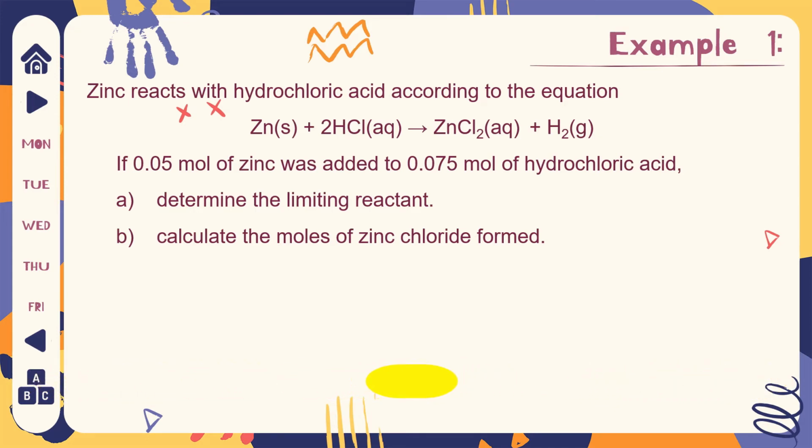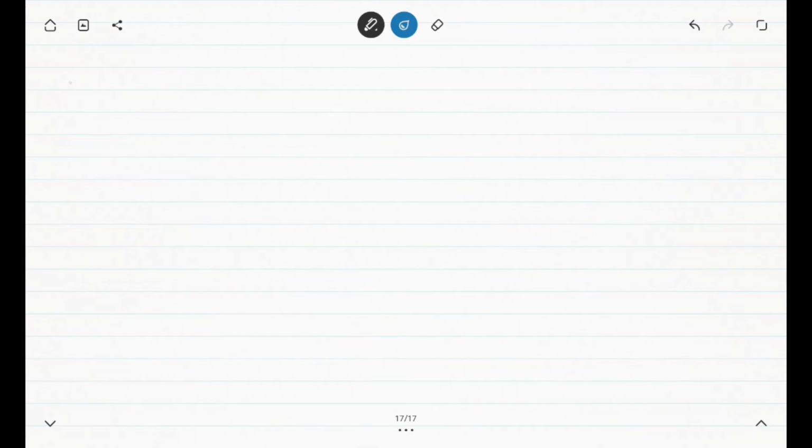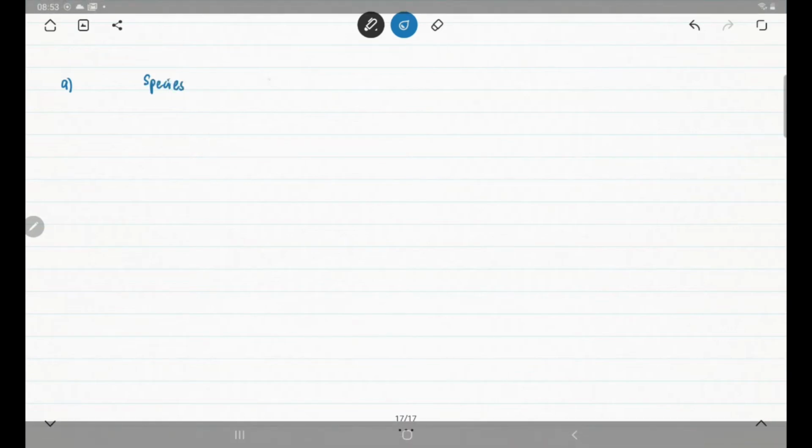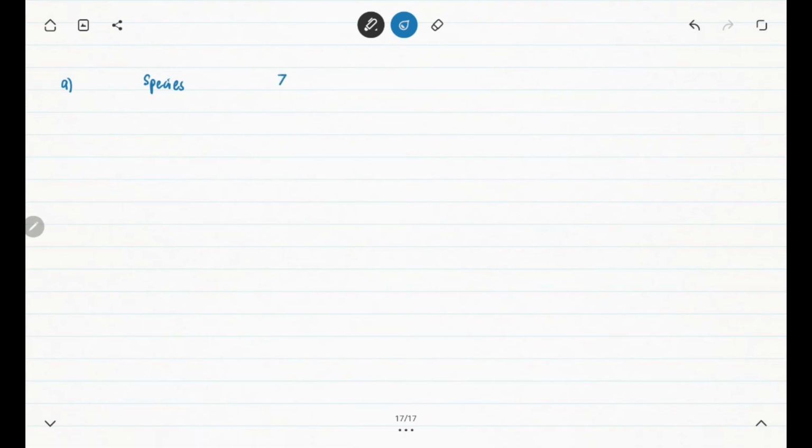So how do we determine the limiting reactant? Okay, so we will use table here. The table consists of our species, our reactant species, which is zinc and HCl. And then our mole ratio, this one we get from balance equation. 1 zinc will react with 2 HCl.